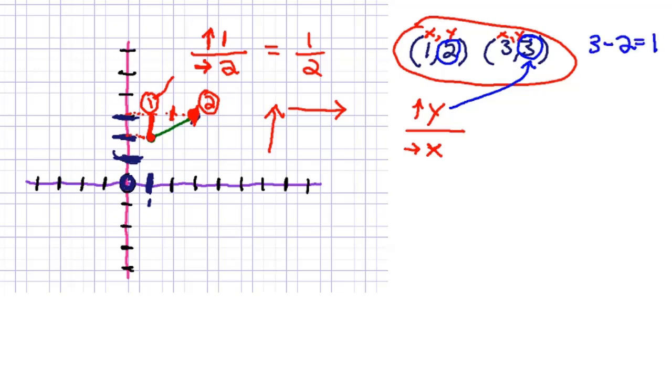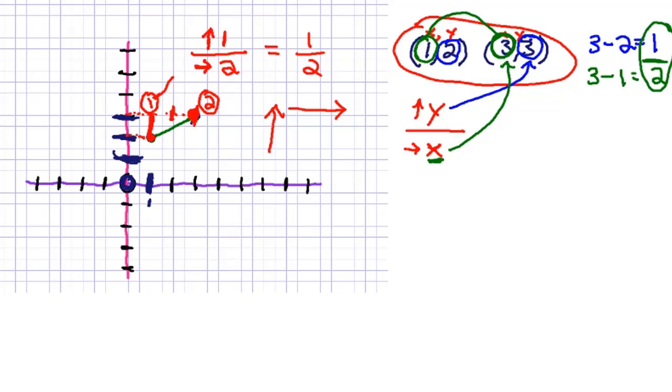And then for the x, for the bottom of the slope, you look at the last x, the end point x, which is 3, and you take away the first x, which is 1. So that's 3 minus 1, and that gives you 2. And then you just put a fraction bar right there. So you have 1 over 2. So the slope is 1/2.